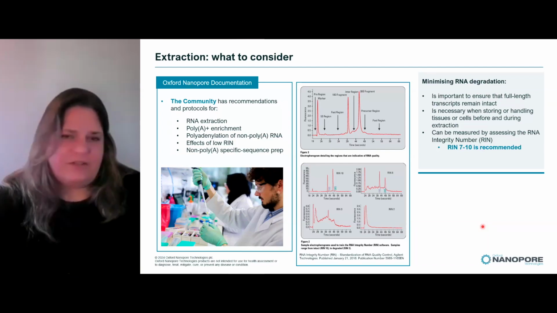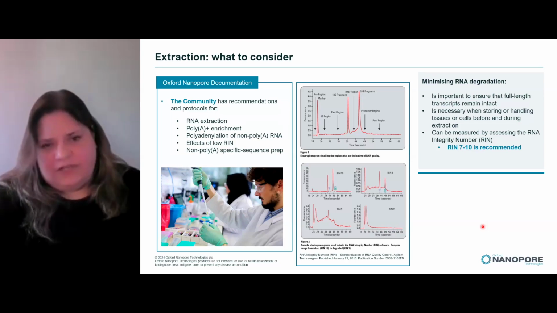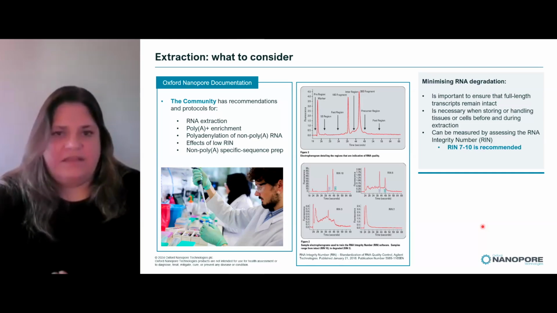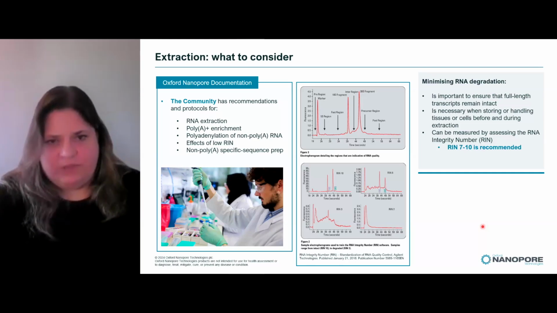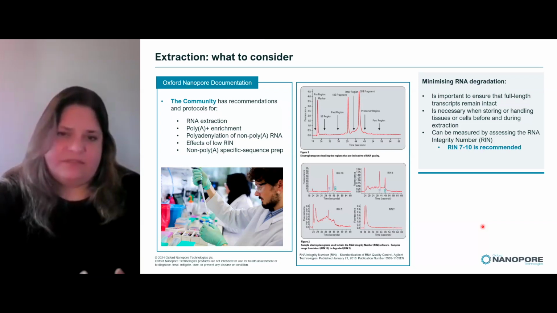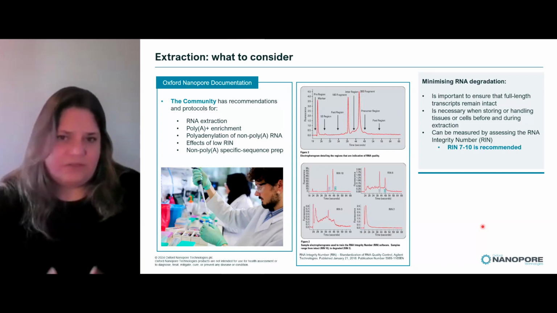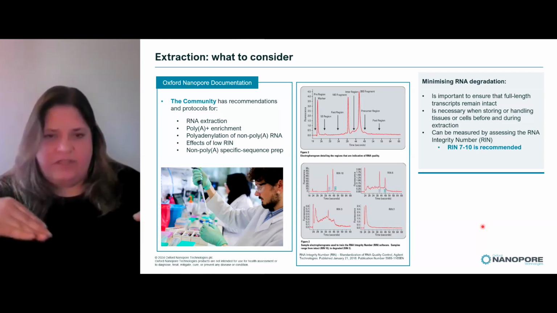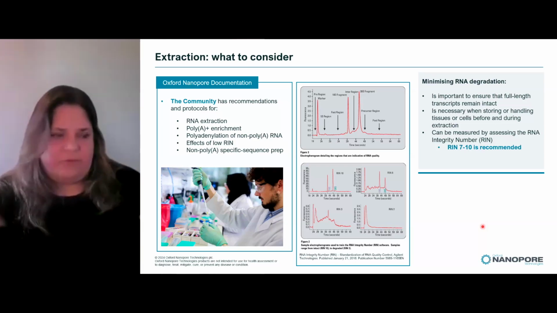But there are other ways of avoiding degradation, and that is making sure that you have good extraction protocols, because what you want is to be able to get the longest RNA transcripts possible. Again, when you're sequencing RNA, each transcript is important, right? This isn't like DNA where you're trying to get coverage of a single bit of information.